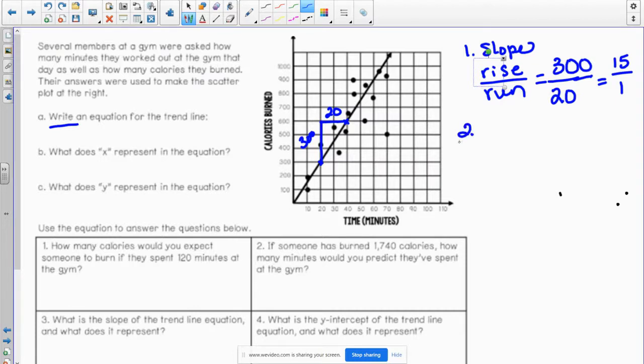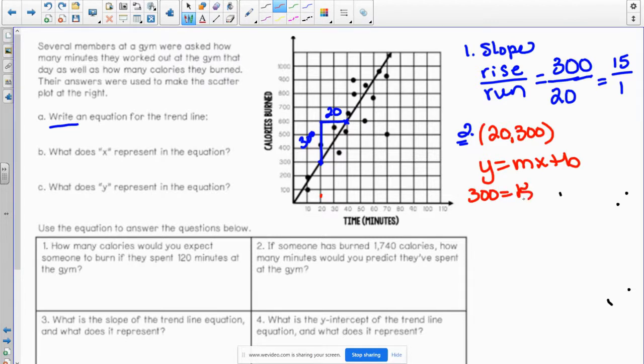My y-intercept, I think it's 0, 0, but I'm going to prove it mathematically here. I'll use the point 20, 300. So y equals mx plus b. So y is 300. My slope I just found was 15.